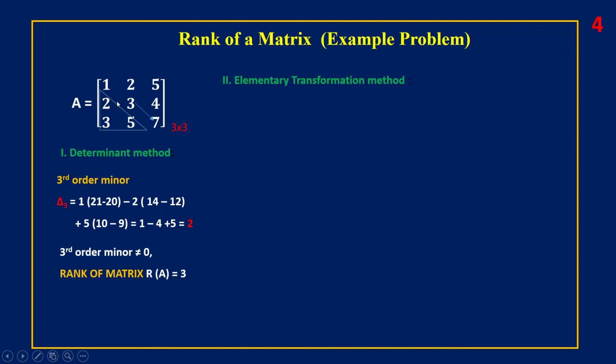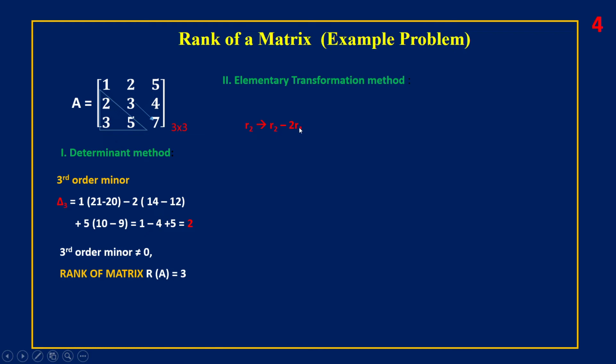How can we reduce this to 0? We can consider the second row. The second row first element is 2, and the first row first element is 1. Here I am going to reduce as R2 tends to R2 minus 2R1.